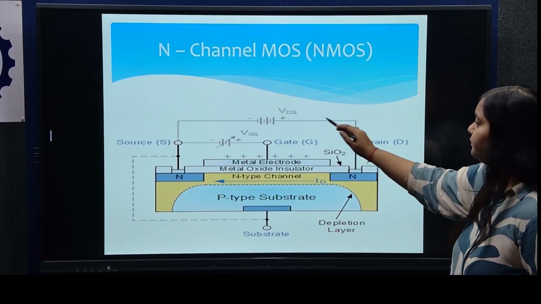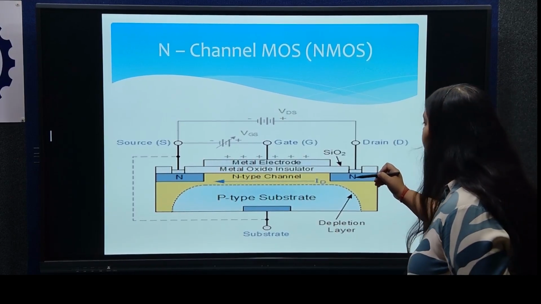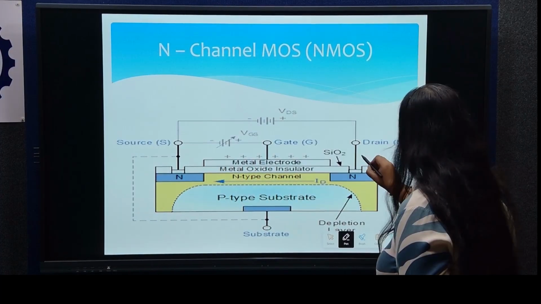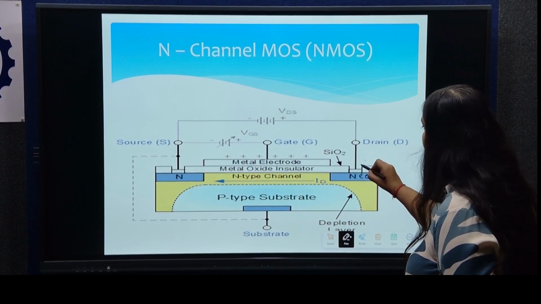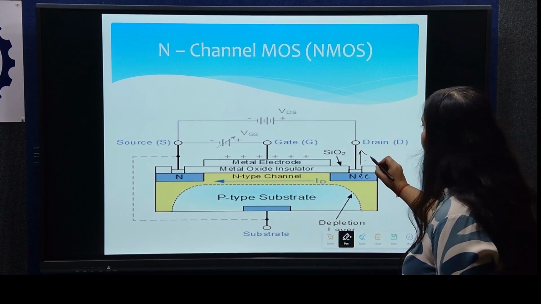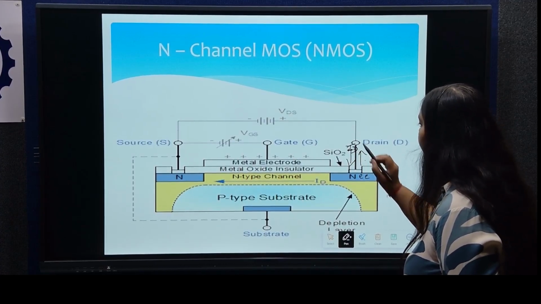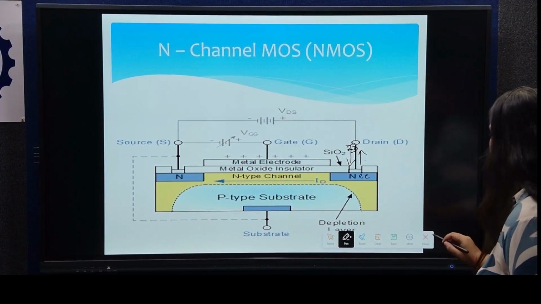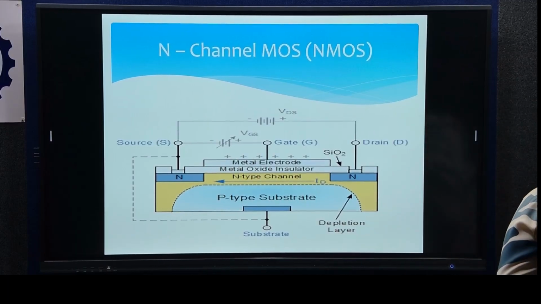So there is a positive supply, and in N-type the majority carriers are electrons, so electrons will be attracted to this side, toward the positive supply of VDS, and the current will flow in this direction. This will be the ID current. So this is the basic structure of NMOS.